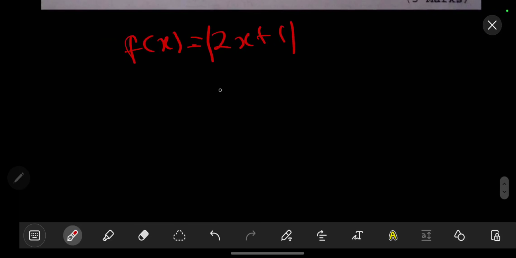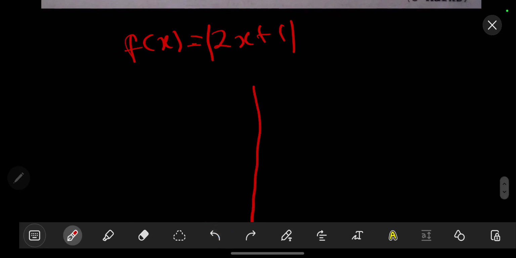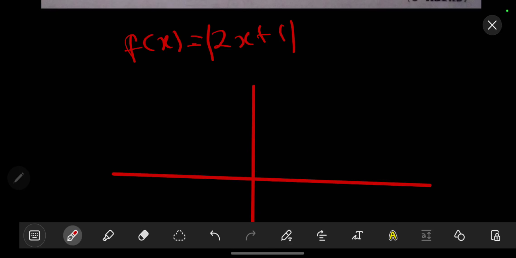We know that our mother graph looks like something like this. This is our mother graph, which is literally y is equal to the absolute value of x. If we have this, we are just going to apply everything, and it goes up like that.